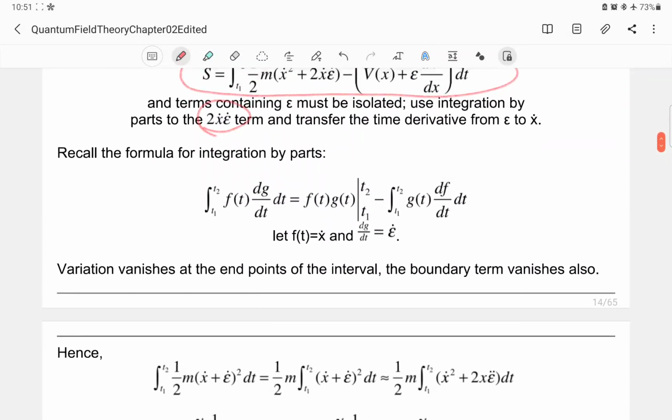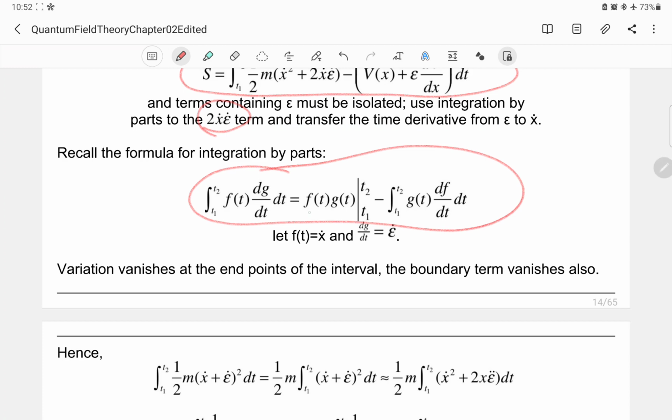But anyway, we're just doing the integration by parts. This is just a formula for integrating by parts. Here we use the fact that at the end points the variation vanishes, to preserve the end points, the initial and final points of the system.